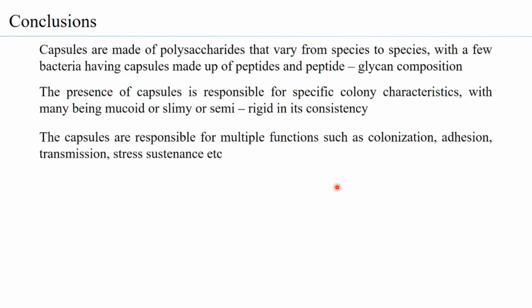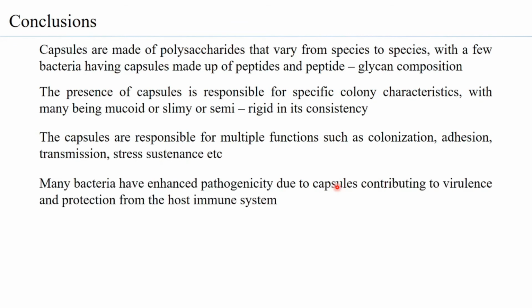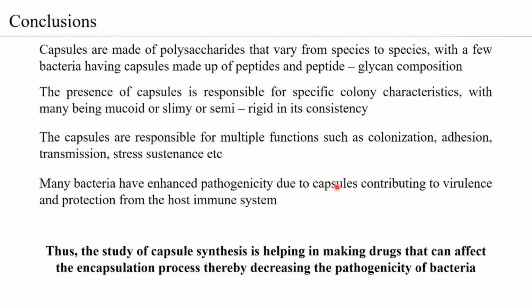The capsules are responsible for multiple functions such as colonization, adhesion, transmission, stress sustenance, etc. Many bacteria have enhanced pathogenicity due to capsules contributing to virulence and protection from the host immune system. Thus, the study of capsule synthesis is helping in making drugs that can affect the encapsulation process, thereby decreasing the pathogenicity of bacteria.